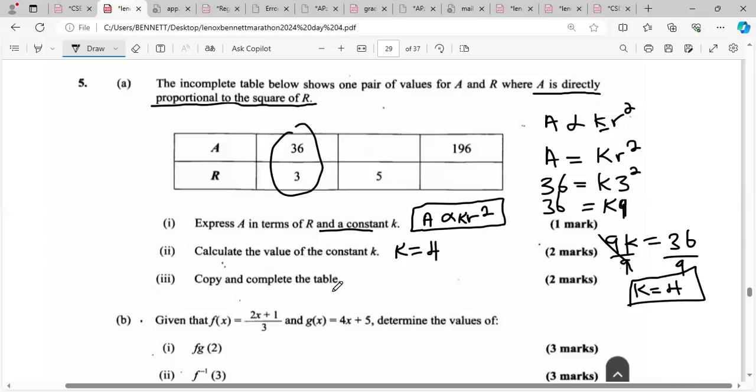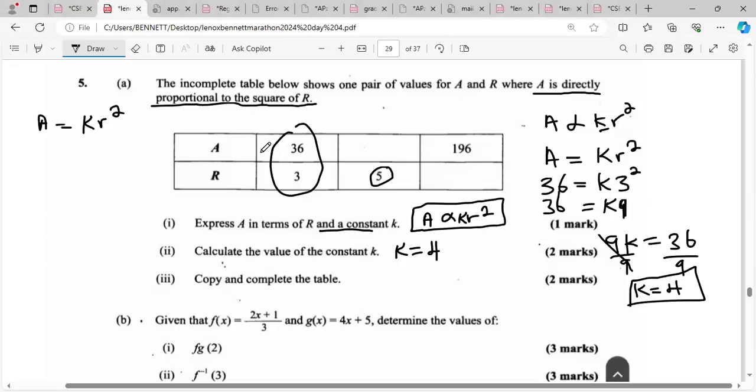So I can copy and complete the table. It basically says now, what is the value of A when R is 5? So we write back the same formula, which says A is equal to K R squared, right?